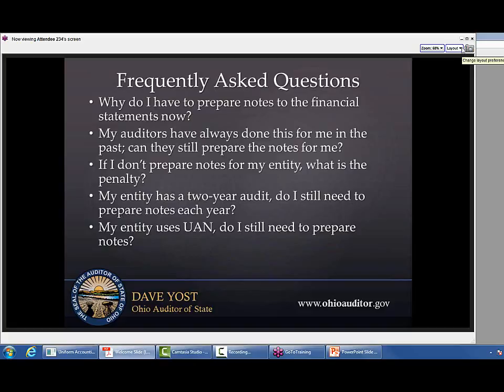Question 1, when are local governments required to prepare notes to the financial statement? Beginning with the year ending December 31st, 2016, you must file a full set of annual financial statements. The deadline for filing, if you are OCBOA or a regulatory filer, is 60 days from the year end.